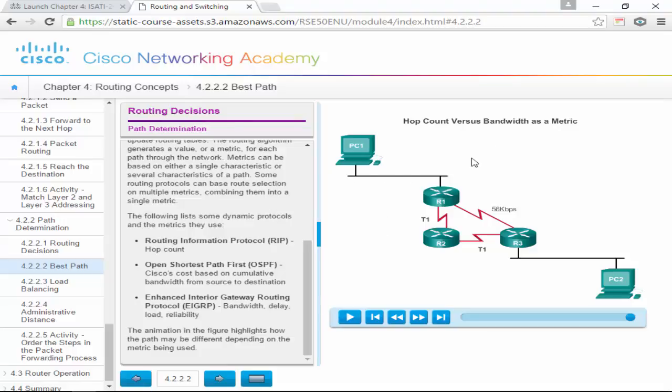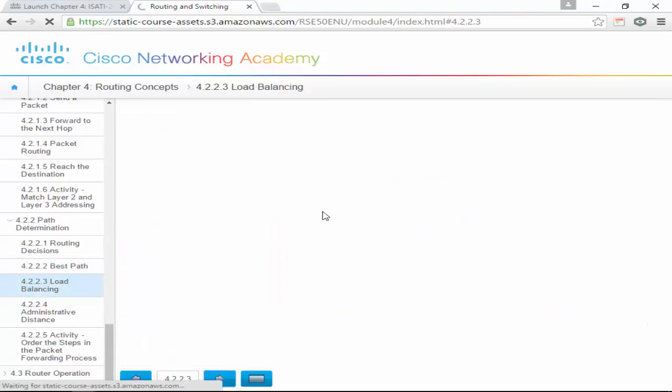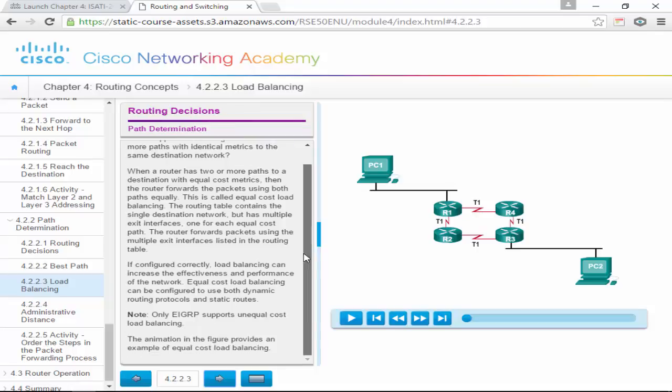So OSPF and EIGRP are way better. RIP is a horrible old routing protocol based just on hops, and one hop of 56K looks closer than 2 hops through T1, and T1's way faster, so OSPF and EIGRP would have found them better. These dynamic routing protocols, static or whatever, can also load balance so that we don't overload just one link.